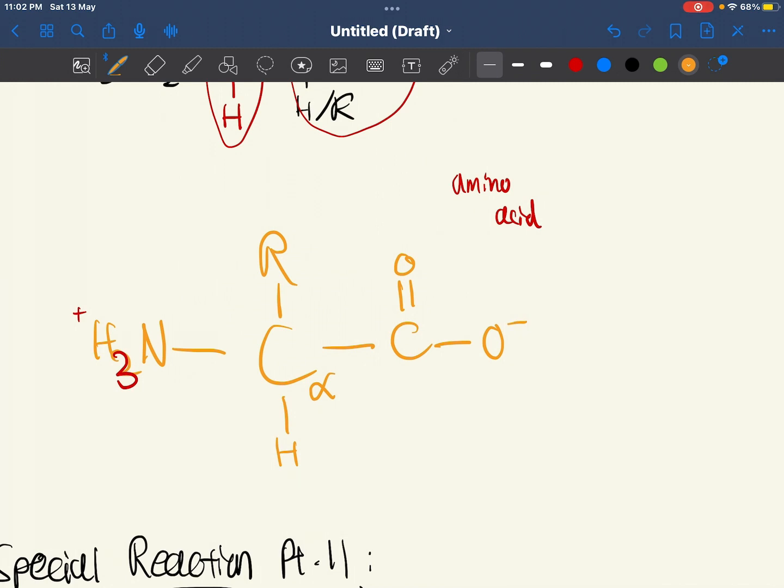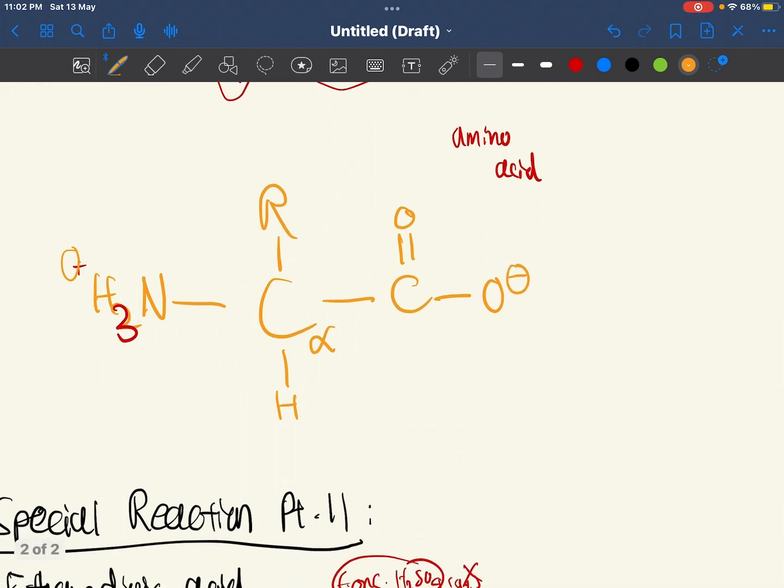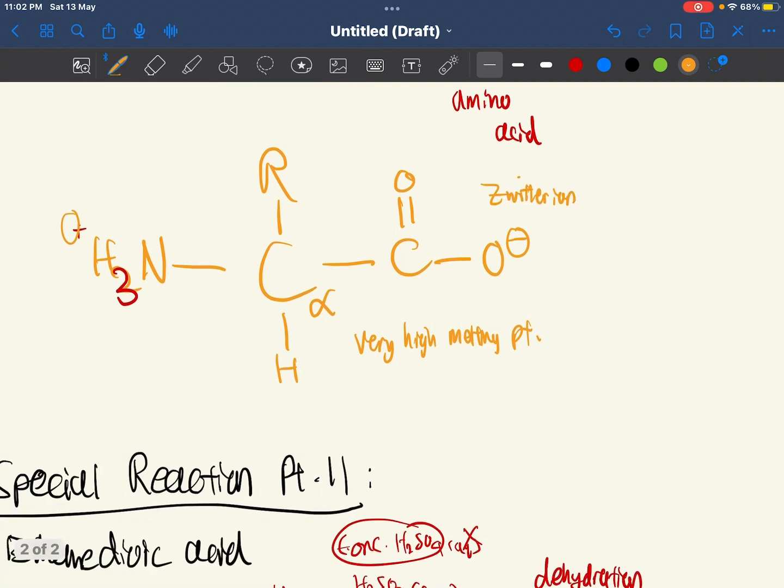So you have this plus and a minus, and it forms an ionic compound. It has a giant structure, so it has a very high melting point. It is called a zwitterion. That's when it has undergone its own internal acid-base reaction.